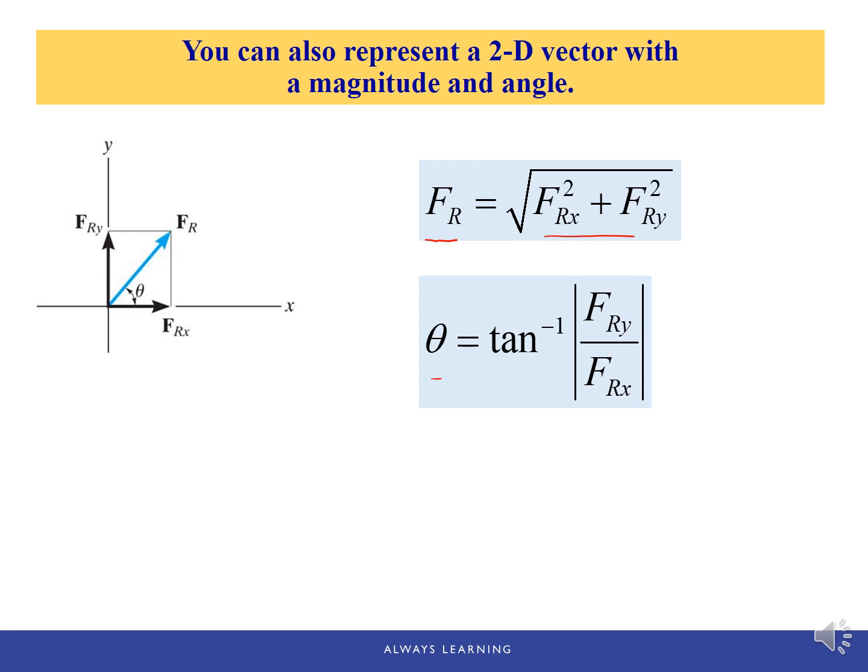The direction is usually expressed by the angle between the FRX and FR. So this is the theta angle. And theta is calculated by the inverse tangent of FRY over FRX, the magnitude of the y component over the magnitude of the x component. But keep in mind, this is the absolute value of the ratio between the two values.